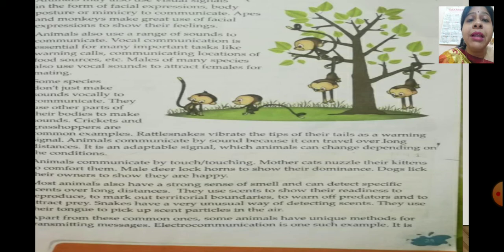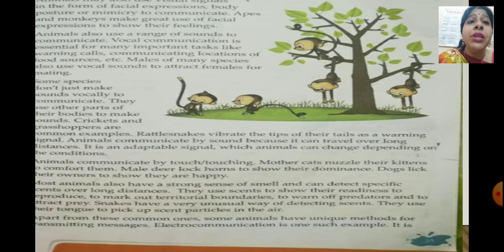They also make use of sound in order to communicate. Vocal communication. Vocal means the voice. The voice that comes from your throat is known as vocal communication, and it is essential for many important tasks like warning calls. When animals sense some danger, that is called warning calls.